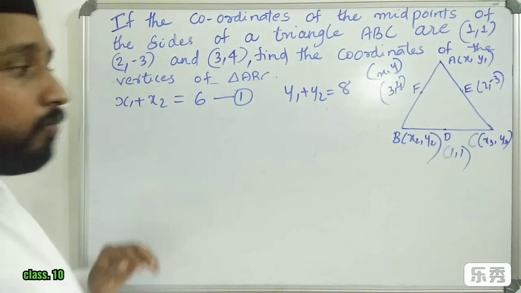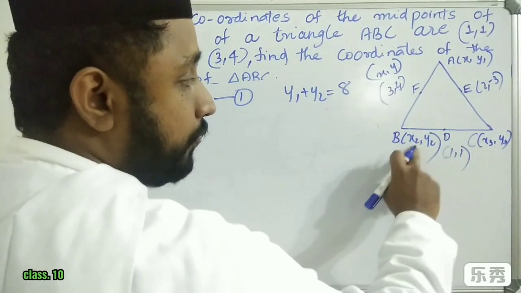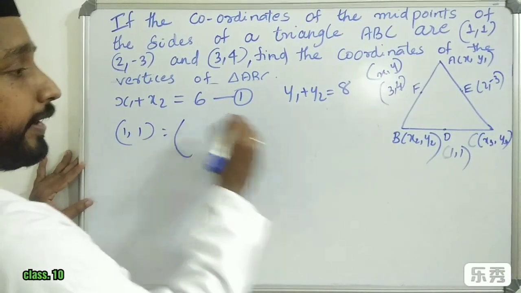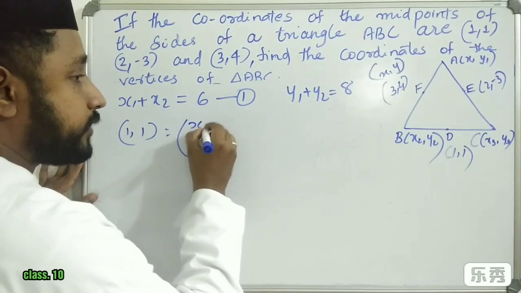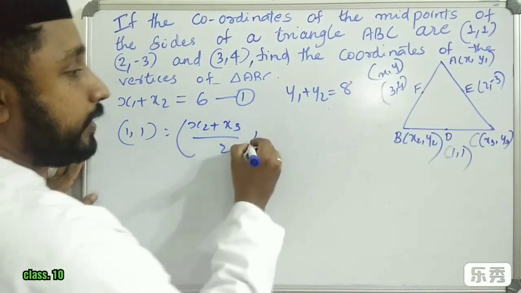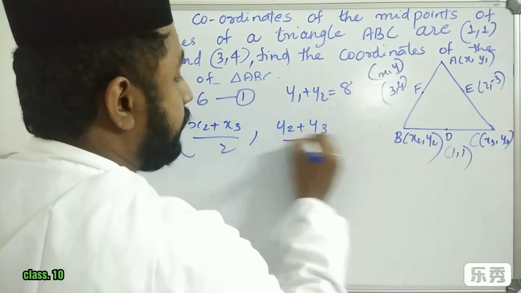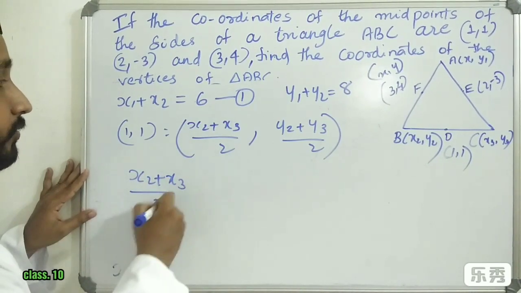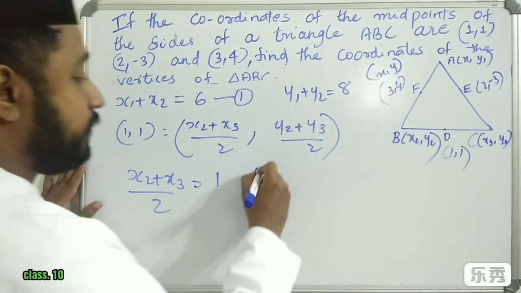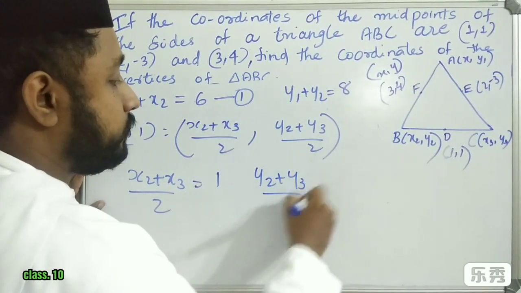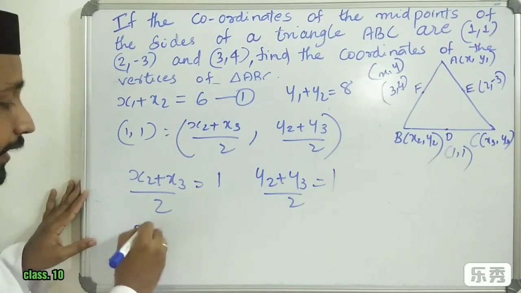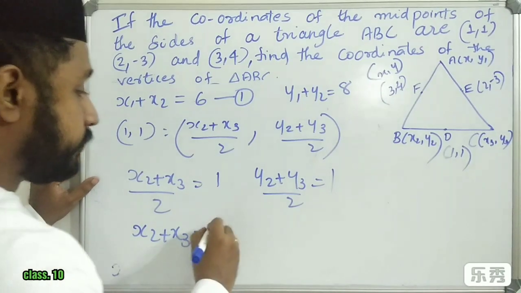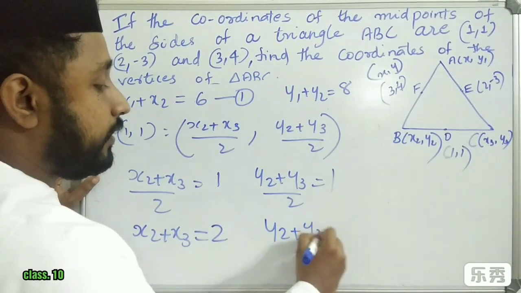When we consider BC, (1, 1) is the coordinates of D. So x2 plus x3 by 2 is equal to 1 and y2 plus y3 by 2 is equal to 1. So x2 plus x3 is equal to 2 and y2 plus y3 also.